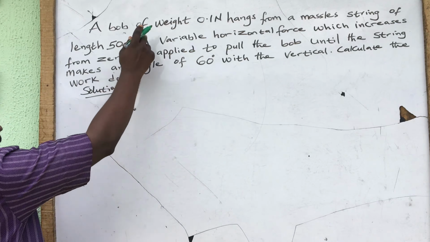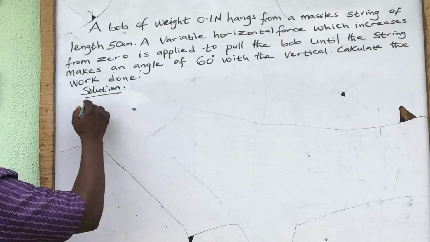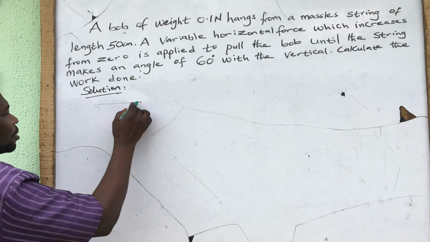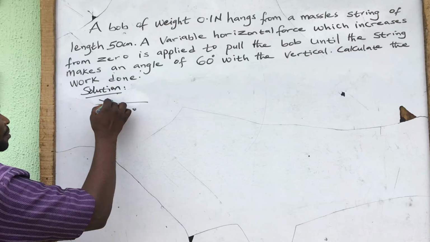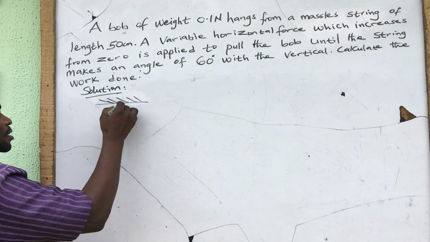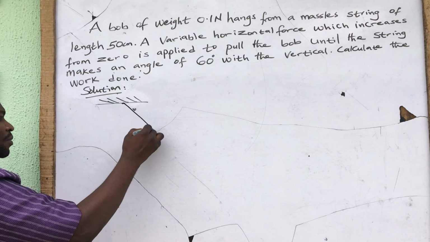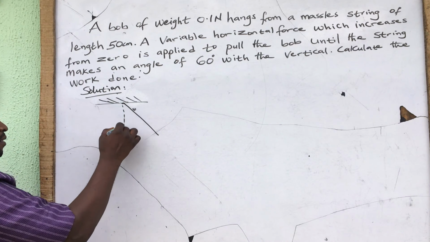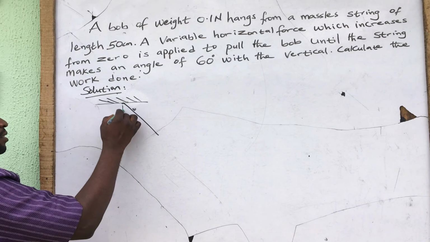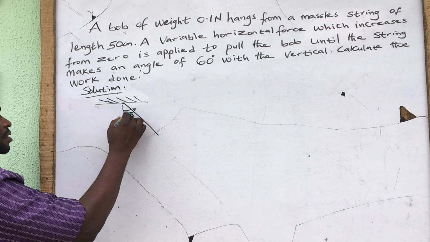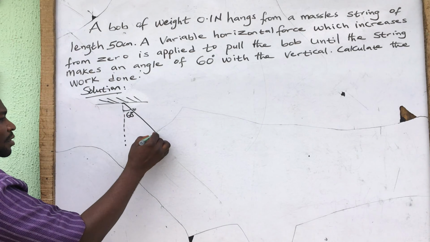If you look at it very well, let me draw the diagram first. This is the fixed point, and from here we have 60 degrees. This is the bulb.